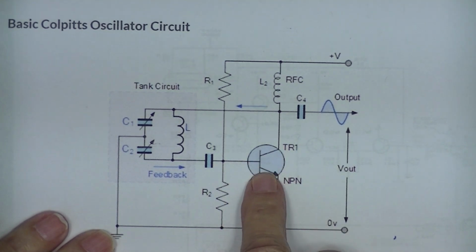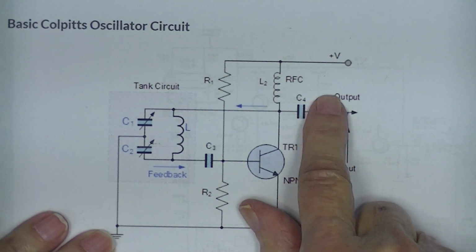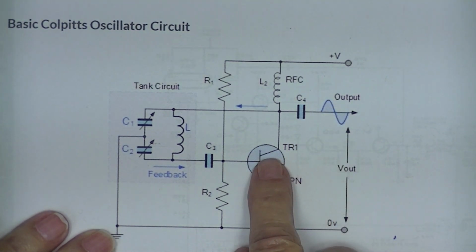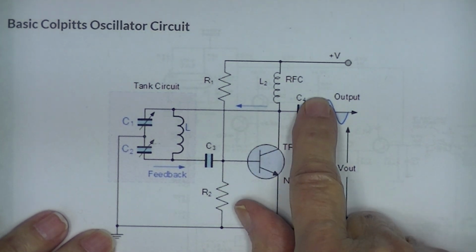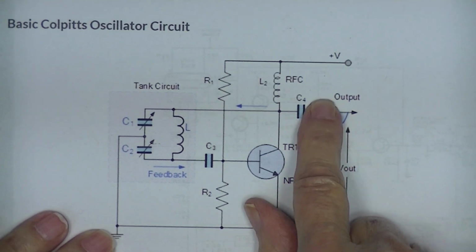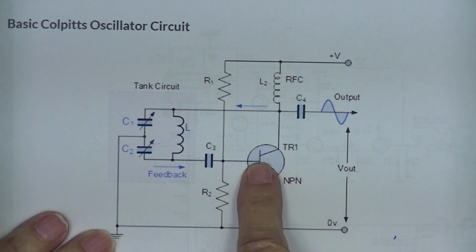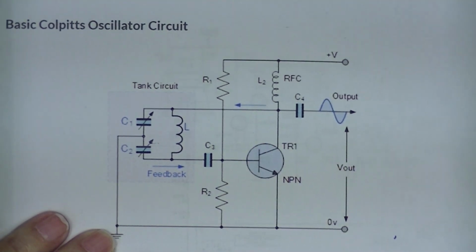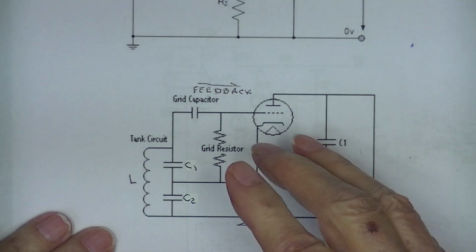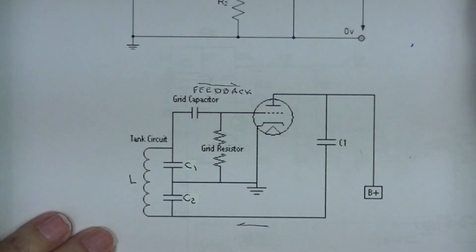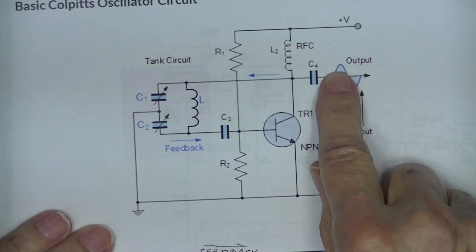As long as the gain stage is linear, this makes a very fine sine wave. Now, if this is a CMOS gate, which is nonlinear, this will be a square wave or highly distorted sine wave. But as long as the gain stage, be it a transistor or a vacuum tube, is operated in the linear portion of its amplification range, this makes a really nice sine wave.